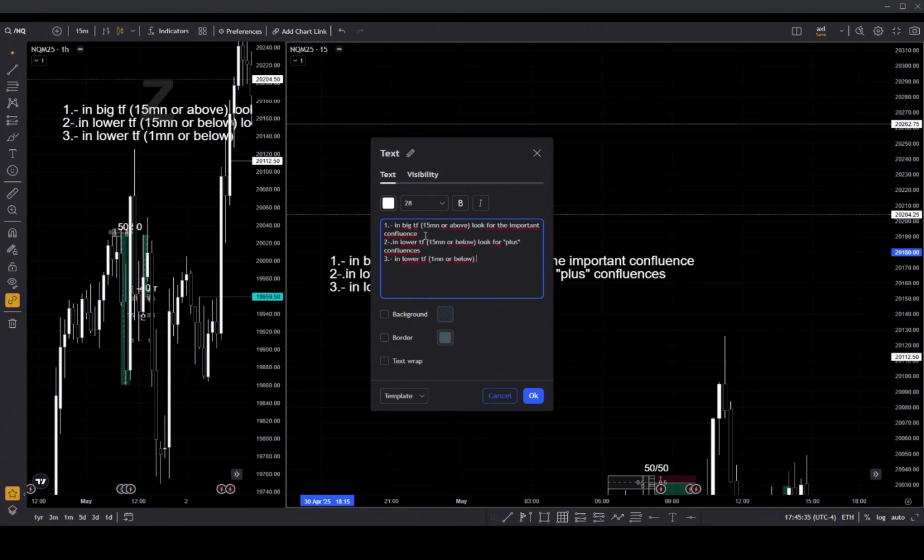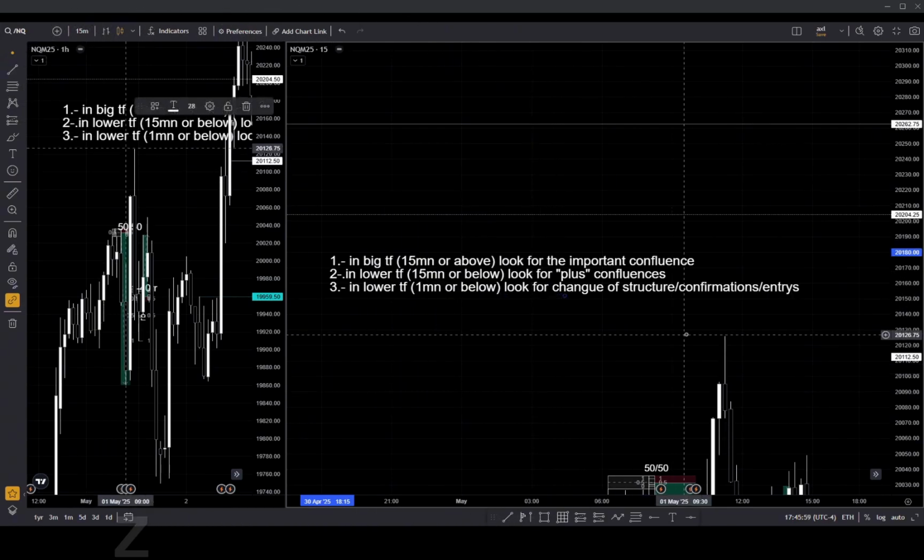So in lower time frame, 1 minute or below, look for change of structure, confirmations, entries. So this is my step by step.